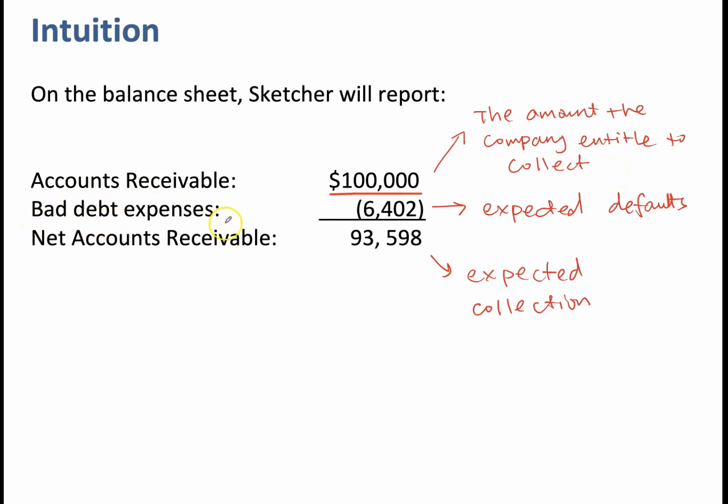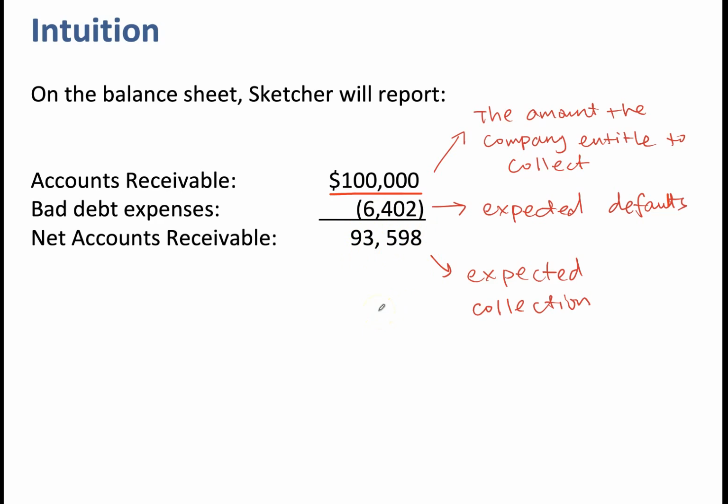And the allowance is a contra asset account, contra accounts receivable. So that is the amount that we expect not to be collected. This is how much we are entitled. The 6,000 something is what we expected not to be collected. And the rest, $93,598, would be what we expected to collect.